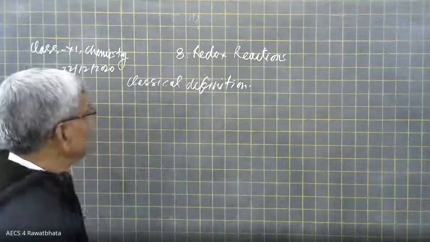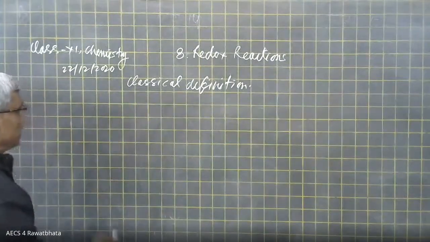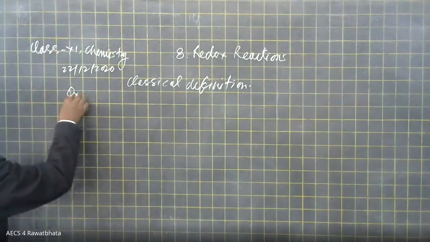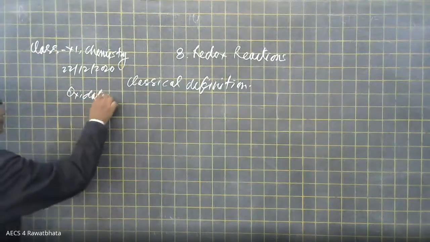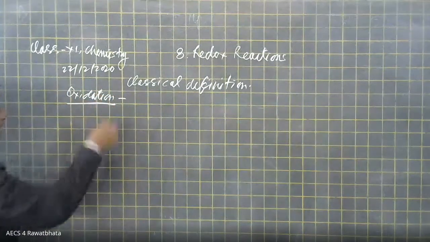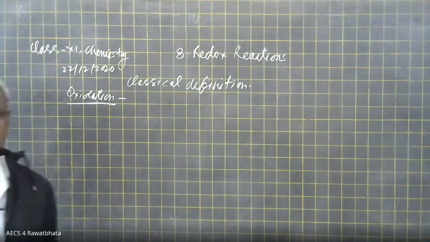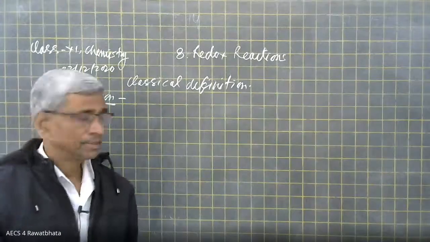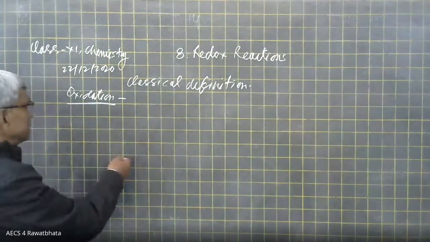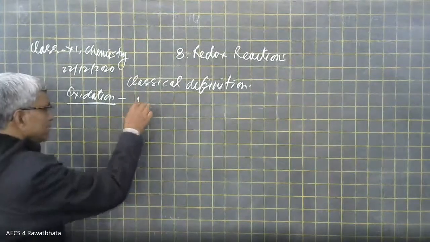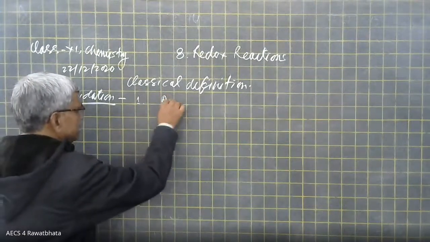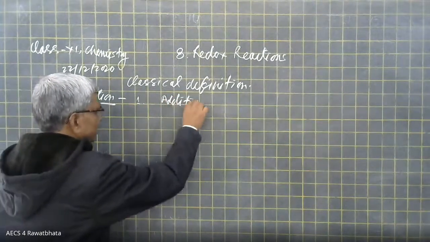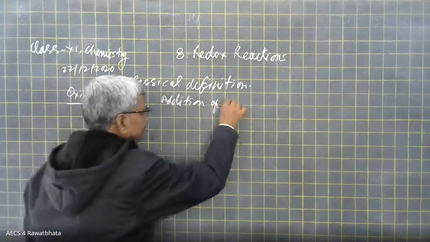So we are going to take first a classical definition. Oxidation. How to define oxidation? I am taking individually oxidation, then reduction, and after that redox reaction. Oxidation, in terms of the first concept, is addition of oxygen.